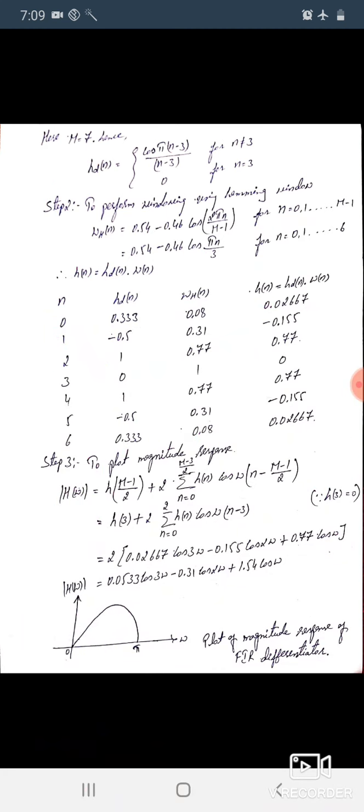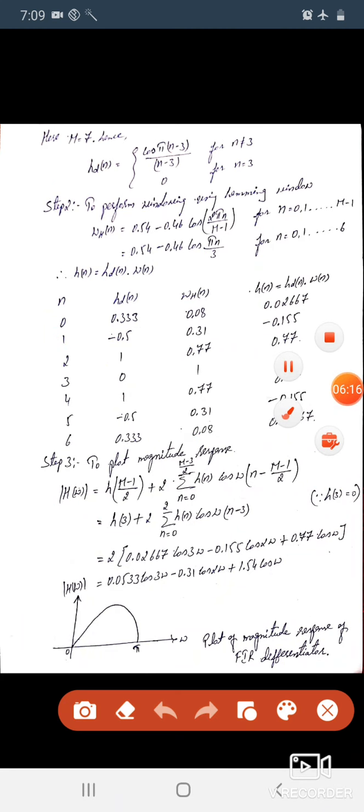Then to plot the magnitude response, here is the equation, remember this equation.